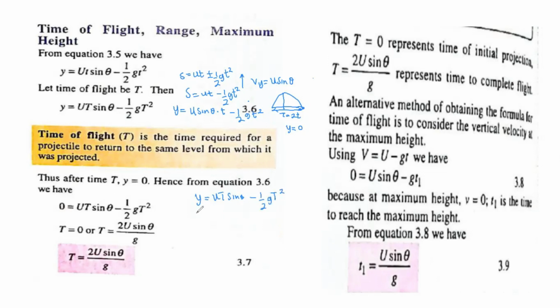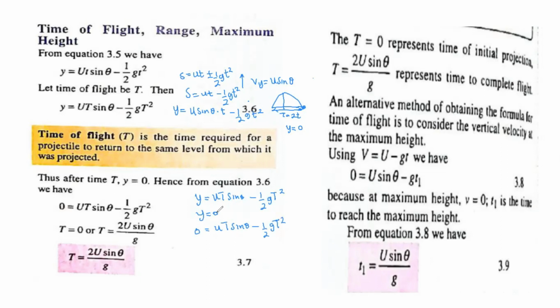So y automatically equals 0, because the height has gone to the ground. If the height equals 0, automatically we have 0 equals u T sin theta minus half g T squared.